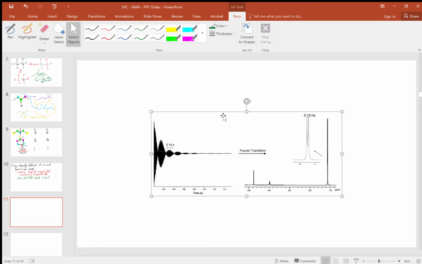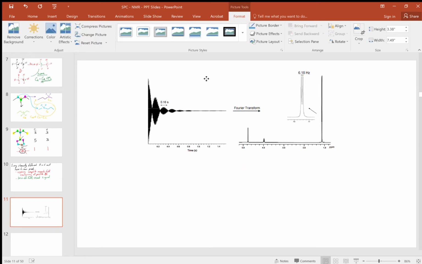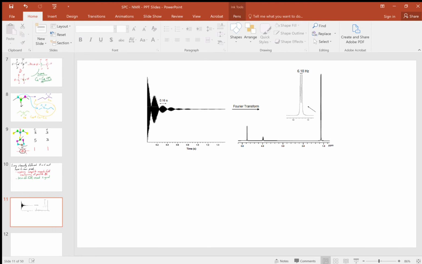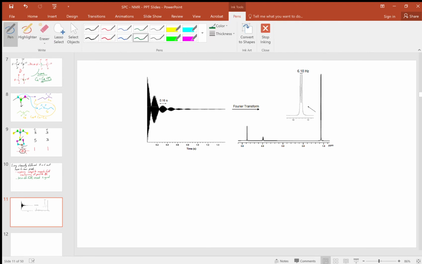And this is an example of an FID. A free induction decay. And that's this piece on the left.